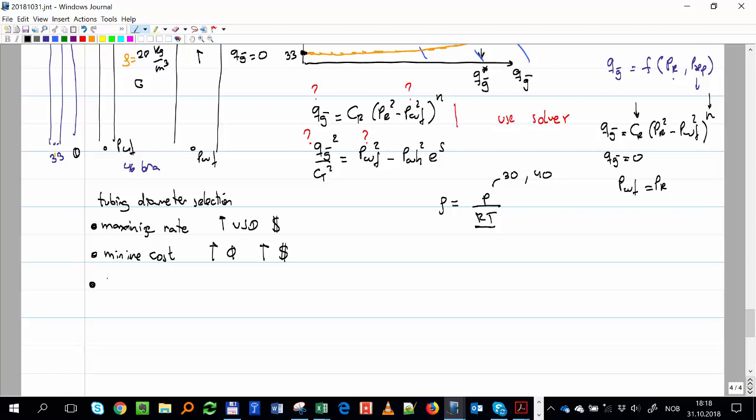Also, it has to fit the production casing. Another very important thing depends on the tubing hanger. In this tubing hanger, if you have too many holes, it has to hold the whole weight of the tubing.